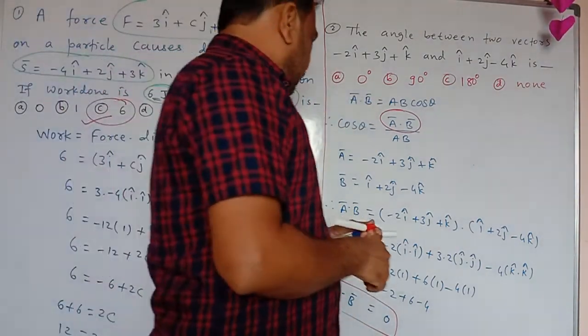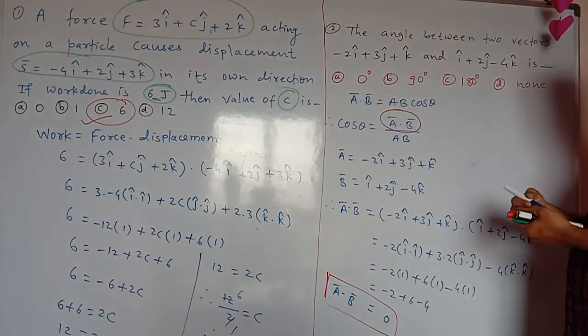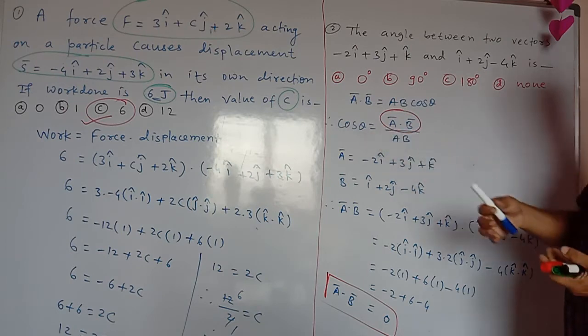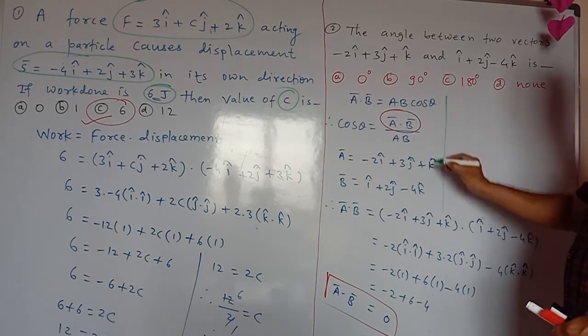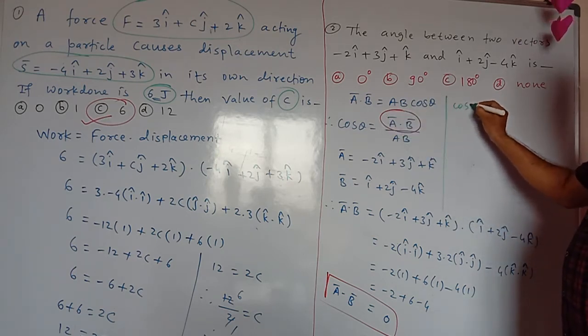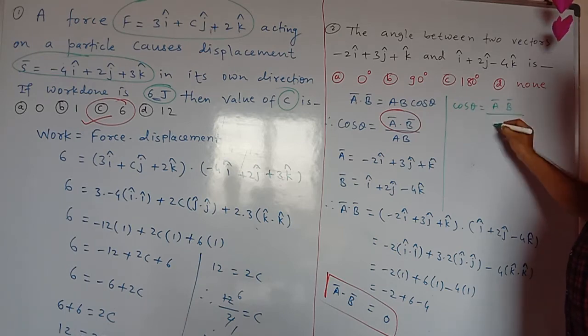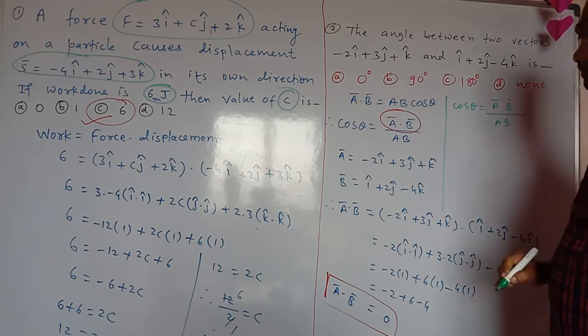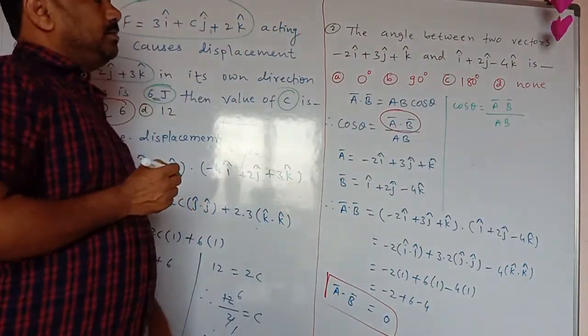Now we have the value vector A dot vector B is equal to 0. Then what do we have to find? Angle, that is theta, we have to find here. So our formula is cos theta is equal to vector A dot vector B upon AB.